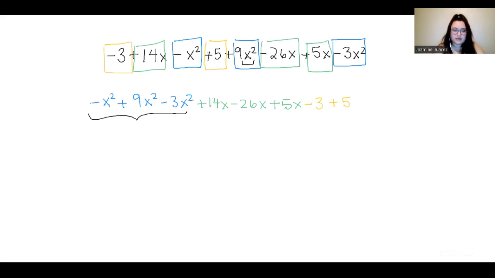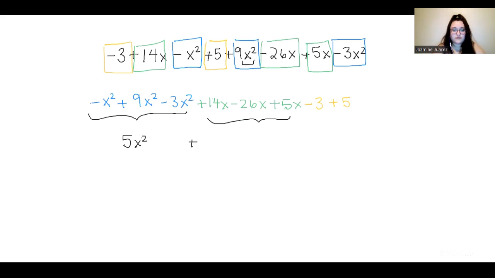And I'm going to do all of those individually. So negative 1 plus 9 minus 3, that is an 8 minus 3, so 5. I have 5x squareds. I have a positive 14, a negative 26, and then a positive 5.